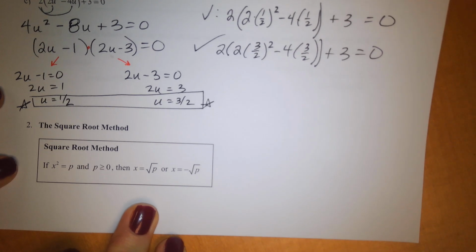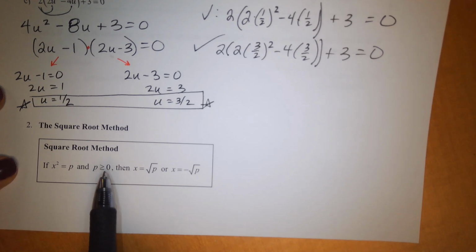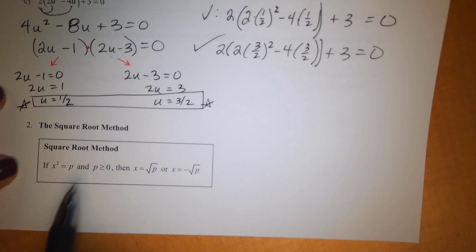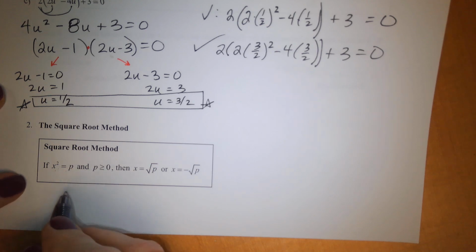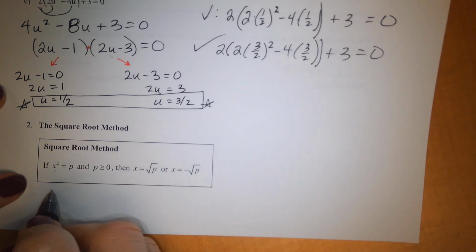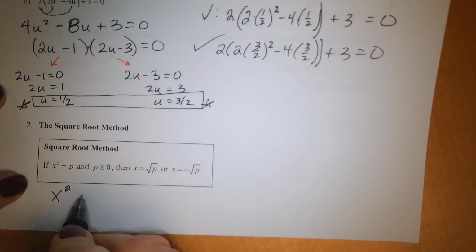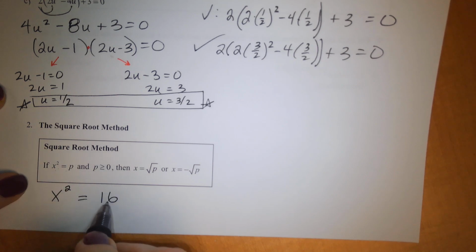Another way to solve quadratics is to use what's called the square root method. If you have x squared equals a number, in other words, there's no middle term, something like x squared equals 16.